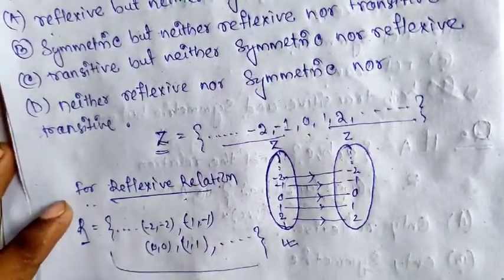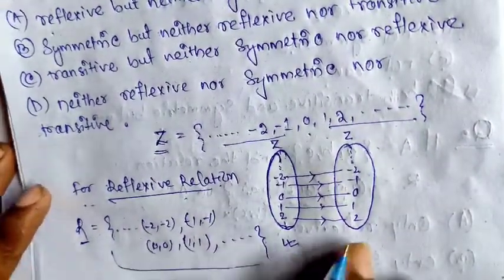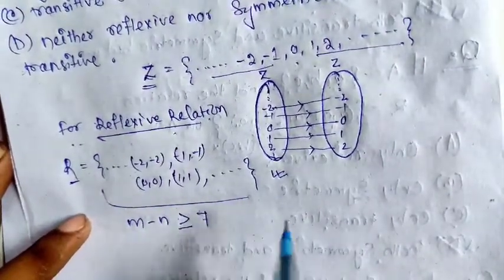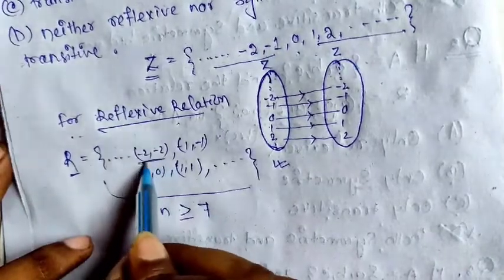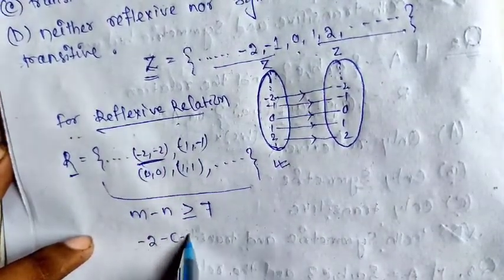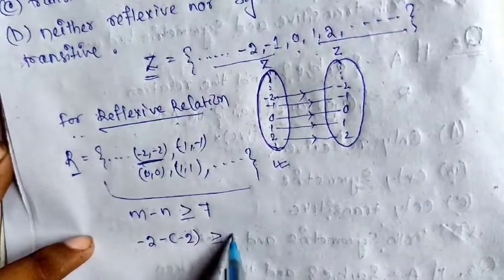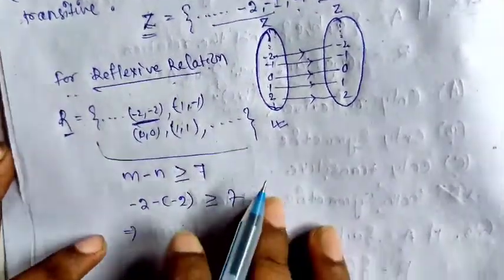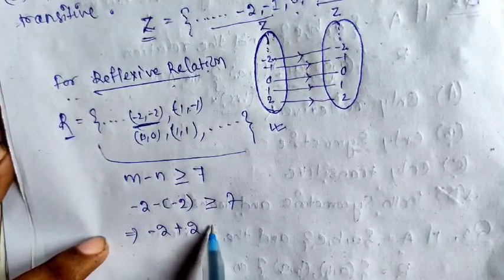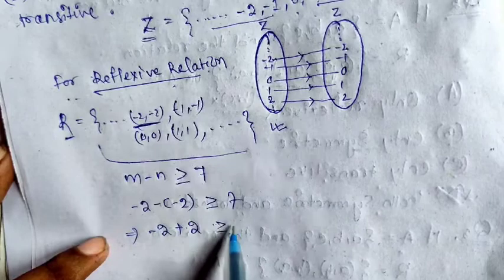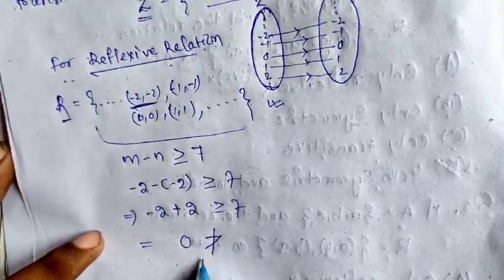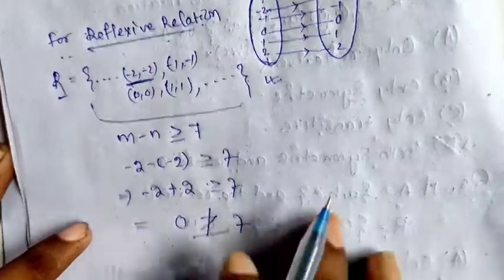The condition says m minus n is greater than or equal to 7. So we check for the ordered pair (-2,-2): -2 minus (-2) equals -2 plus 2, which is 0, which is not greater than or equal to 7.